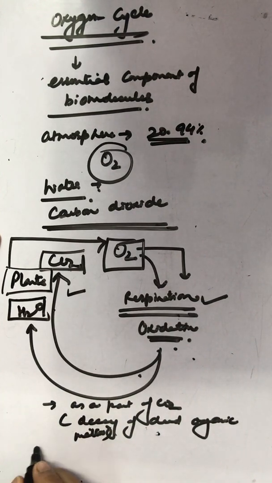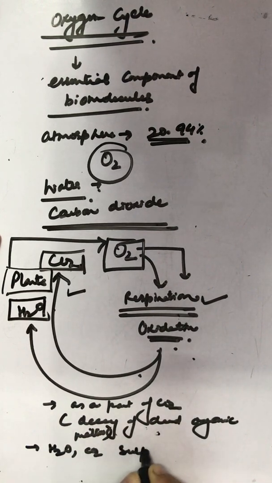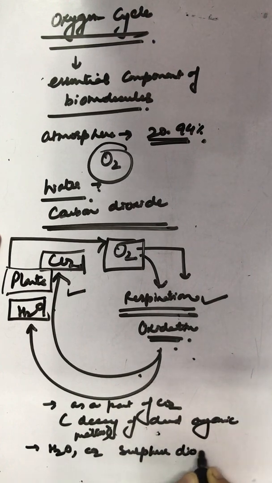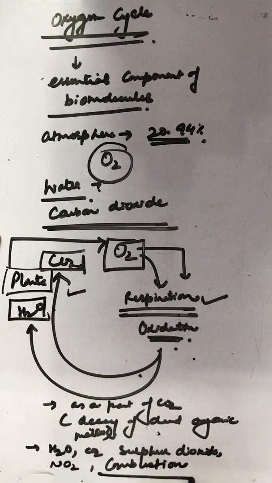And oxygen becomes a major component of water, CO2, sulfur dioxide, nitrogen oxides, NO2. Right? During the burning of fossil fuels, that means during combustion, oxygen is released into the atmosphere. Some oxides are formed by microbial oxidation and ultimately it is released back. Now this is how it is cycled in the atmosphere.